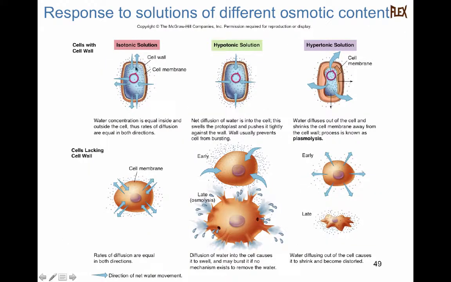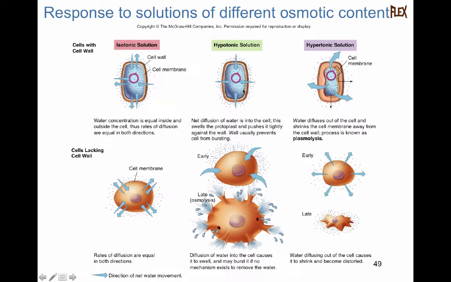Now, there are three possible dynamic scenarios with regards to changes in osmotic pressure. If you have a cell that has an equal amount of water outside of the cell and inside of the cell, the rates of diffusion are equal, so you don't have an increase in or out either way.